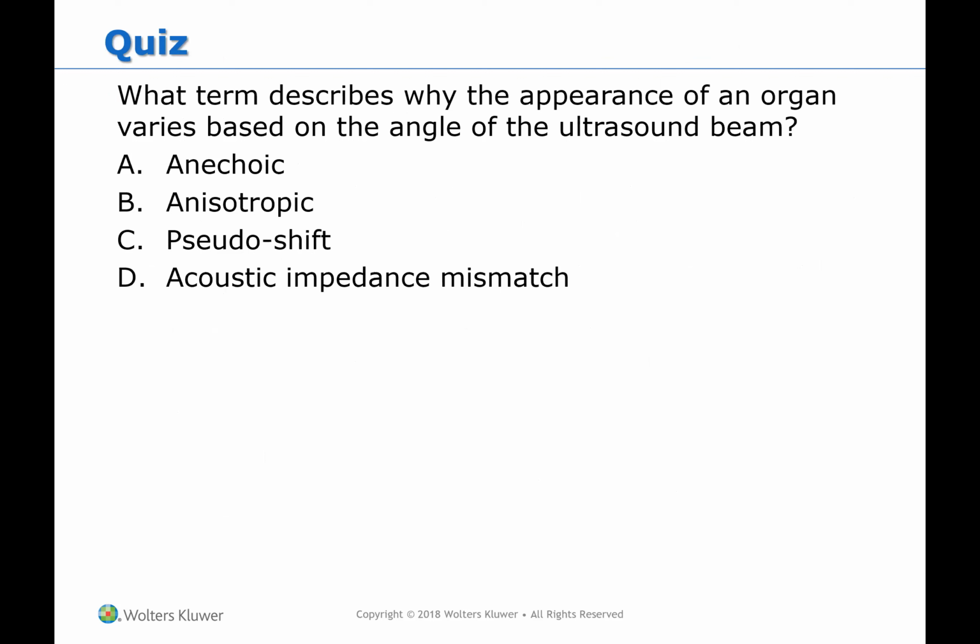What term describes why the appearance of the organ varies based on the angle of the ultrasound beam? It is anisotropic.